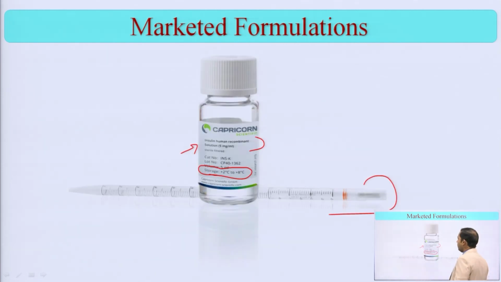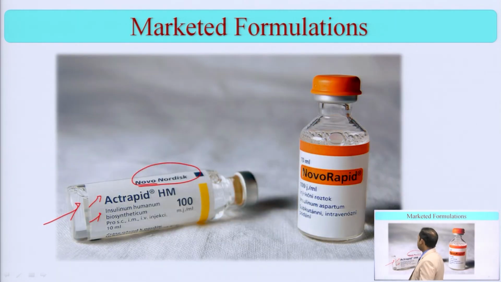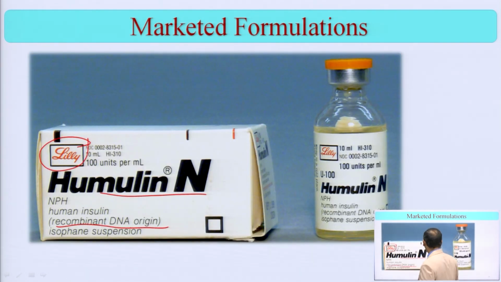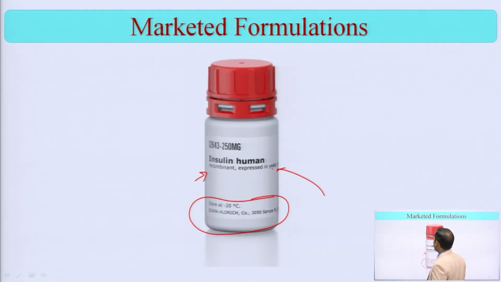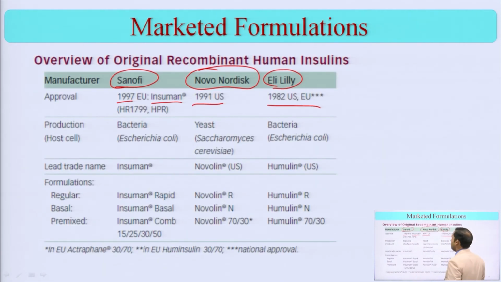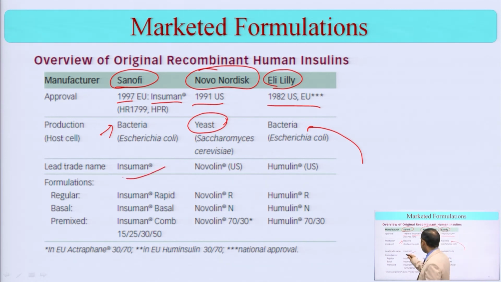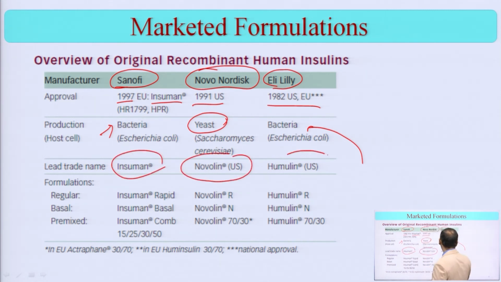Sanofi produces insulin by expressing it in bacteria, and Eli Lilly also expresses it in bacteria, but Novo Nordisk expresses it in yeast. So, the trade names are Insuman, Novolin, and Humulin.